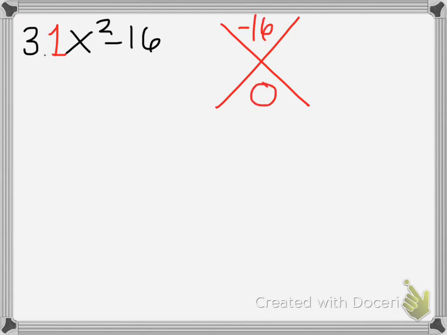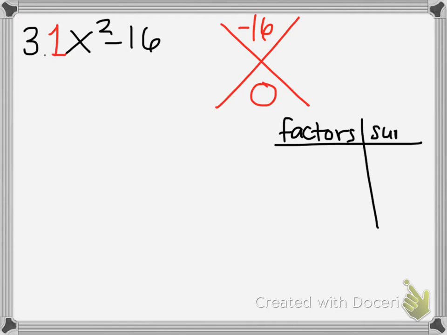So I'm looking for 2 numbers, or 2 factors, I should say, that when I multiply them together, give me negative 16, but when I combine them together, give me 0. So if you notice on your paper, I didn't do this step, and that's because if you remember what I'm going to show you, then again, a step you could skip.